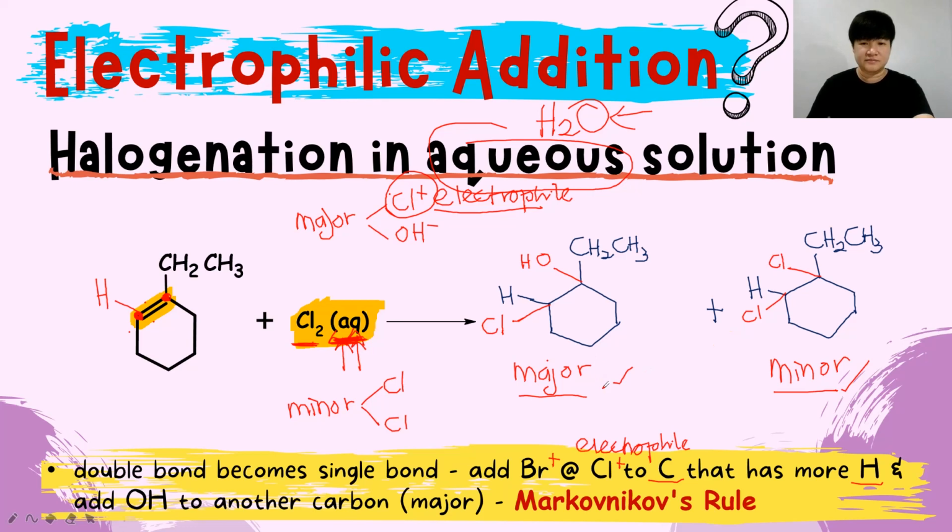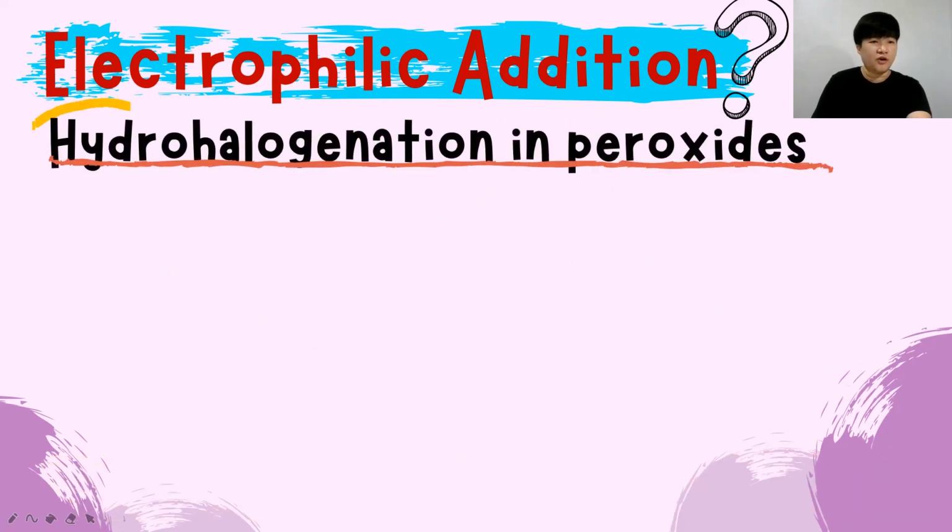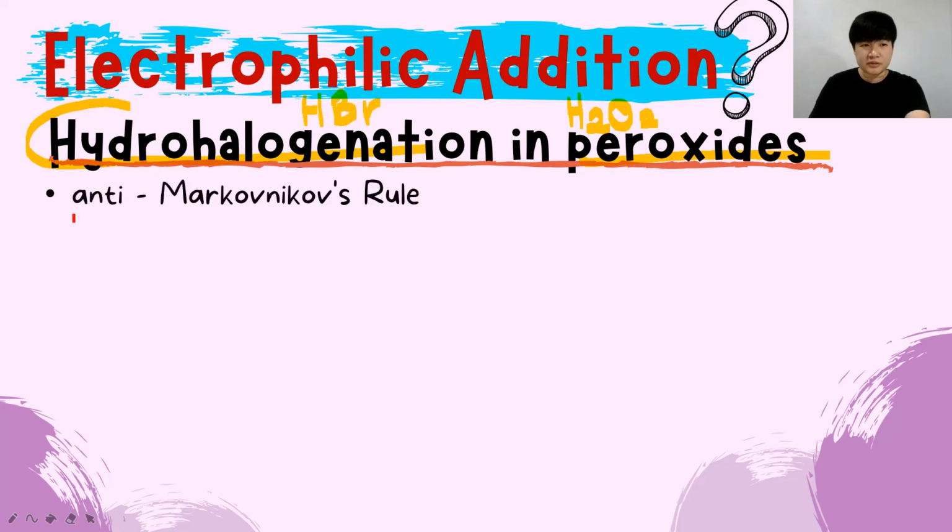Easy. Last but not least, you have your hydrohalogenation in peroxide. The peroxide that we will be using is your H2O2. The hydrohalogenation will be only HBr. And the most important thing is that this hydrohalogenation in peroxide will be anti-Markovnikov.